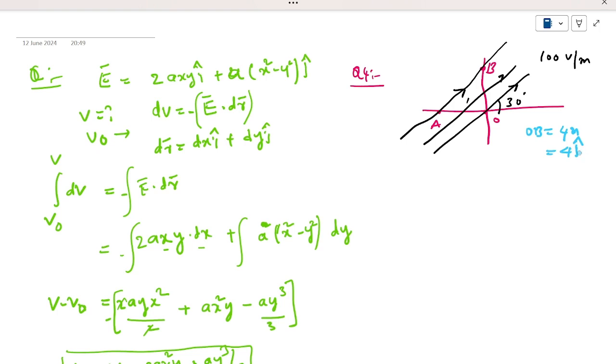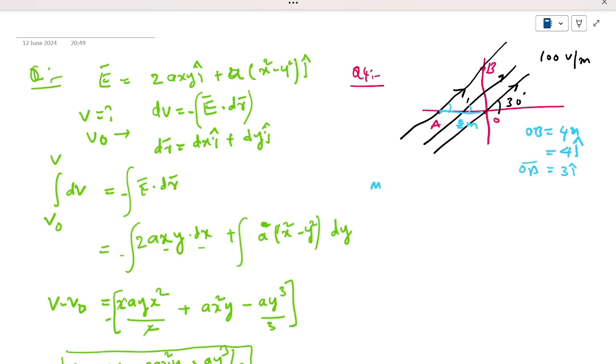Why I am writing 4 j cap, you will understand. And here OA is given as 2 meters, so OA bar is 2 i cap. AO bar is from the field. Here also 30 degrees. So in this case, I can solve by 2 methods.